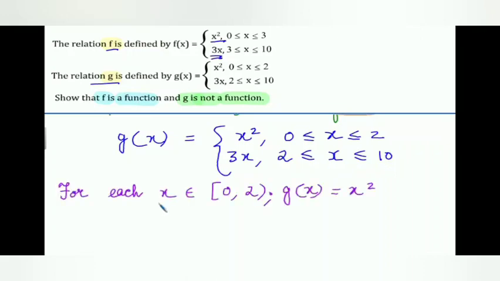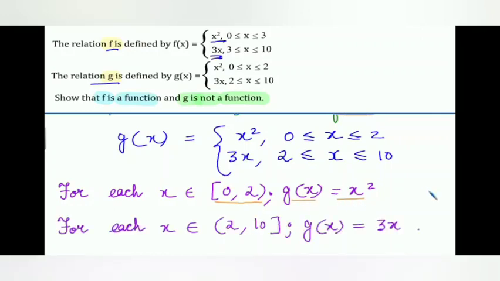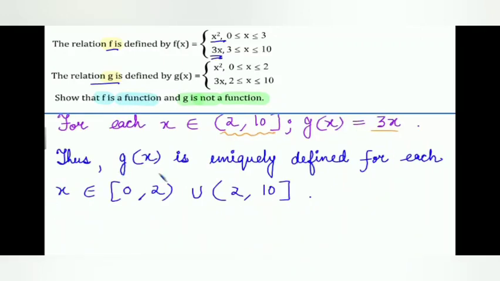So for each x belonging to 0 to 2, g of x is equal to x square, and for each x belonging to 2 to 10, g of x is equal to 3x. Thus, g of x is uniquely defined for each x belonging to 0 to 2 union 2 to 10.